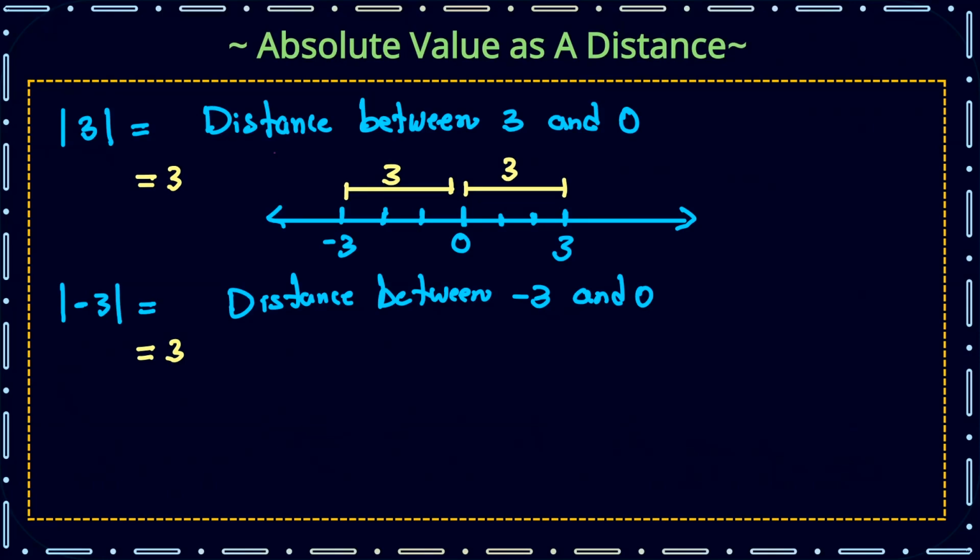Since we know the definition of absolute value of x, let's look at an equation. An equation involves equality where you have to solve for an unknown. Let's say the equation is to solve absolute value of x equal to, let's say, 2. So instead of trying to remember any algebraic rules, you're going to think in terms of distance.